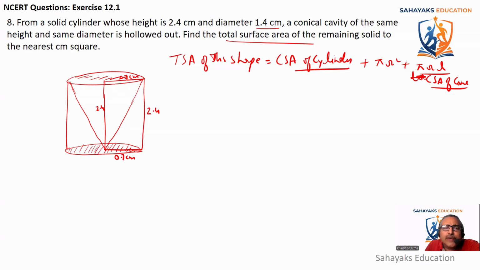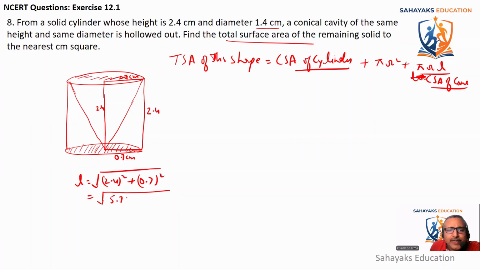So L is equal to square root of 2.4 square plus 0.7 square. 2.4 square is 5.76 plus 0.7 square is 0.49.